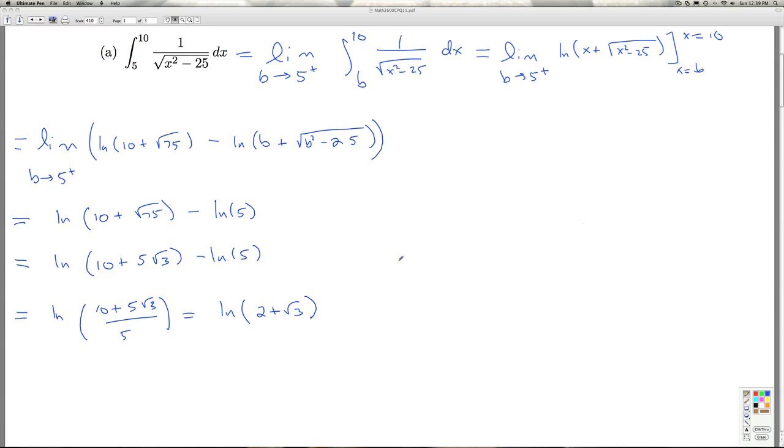And since I got a real number out of that, it might not be your favorite real number, but this limit did exist as this real number, and so we would say that the integral converges to that number. So that'll do it for part A.